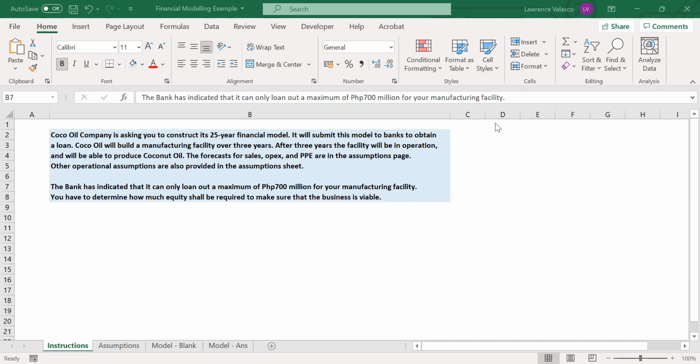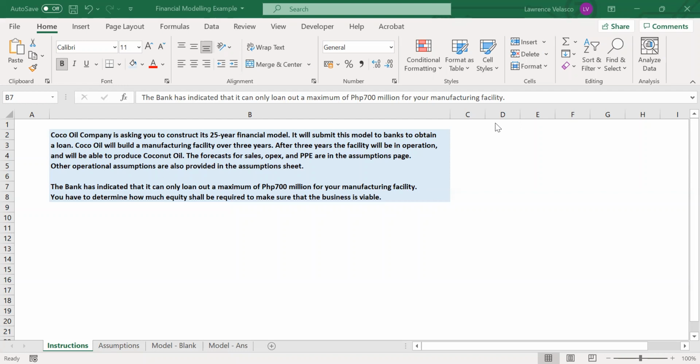So let's have this example. Cocoa Oil Company is asking you to construct its 25-year financial model or financial plan. So you have to make a financial model depicting the income statement, statement of changes in equity, balance sheet and cash flows of this company for the next 25 years.